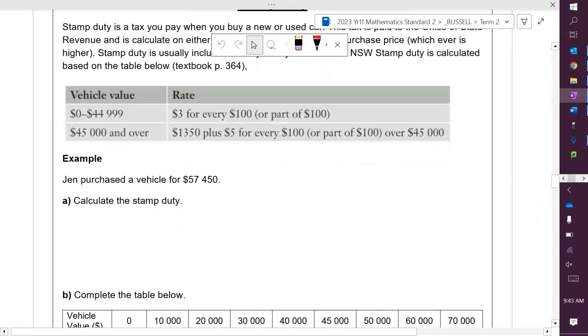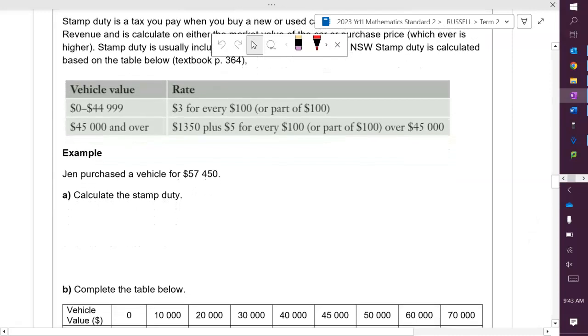So if we look here, Jen purchased a vehicle for $57,450. As I said, it's rounded up to that part of 100, so this would end up being $57,500 rounded up. With our money here, it's always going to round up. So our stamp duty is calculated, well, I'm over that $45,000, so I have to be in this bracket here.